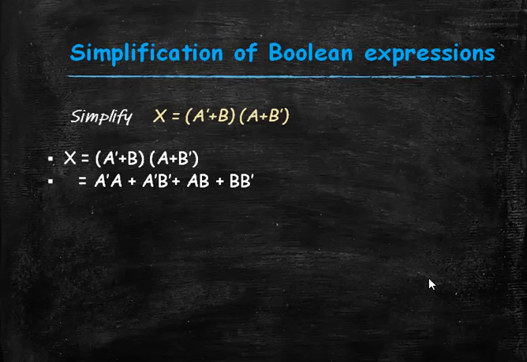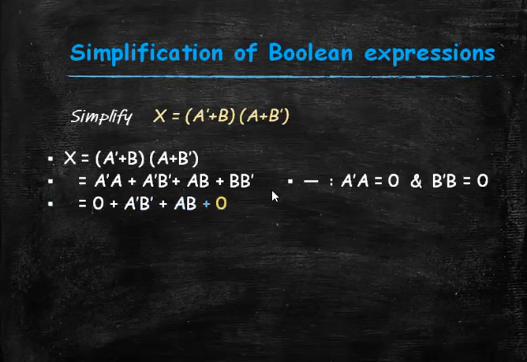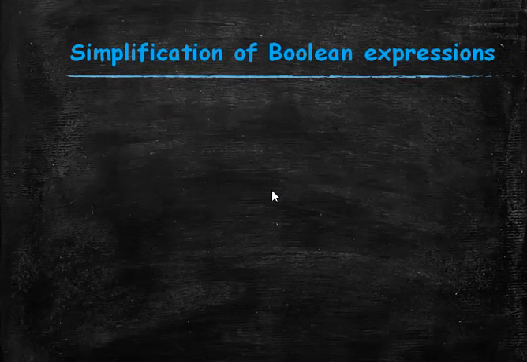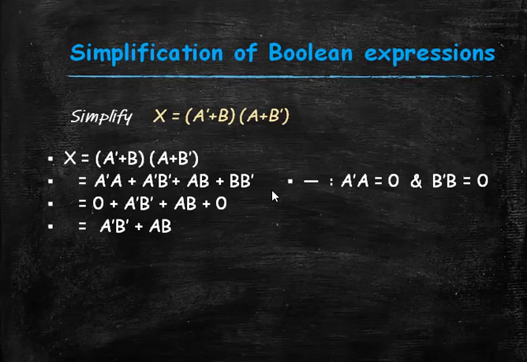Okay, we know that A bar A is equal to 0 and B bar B or BB bar equal to 0. That is the first and last term must be 0. Then we get A bar B bar or AB. It is the result.